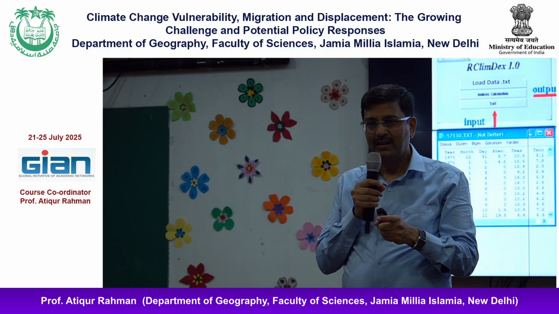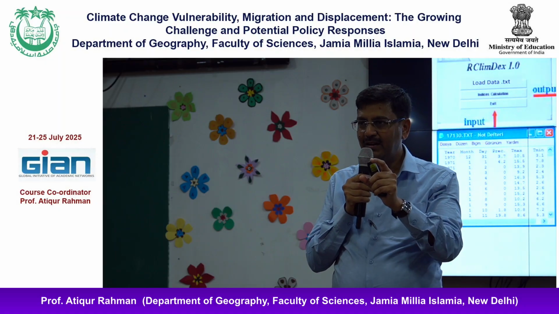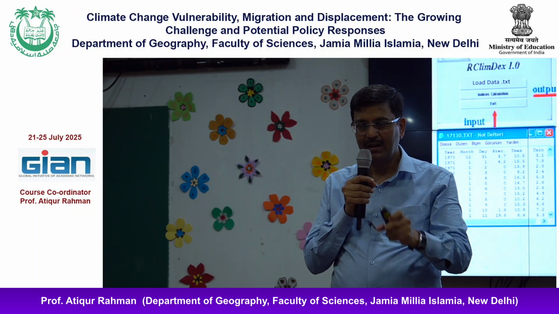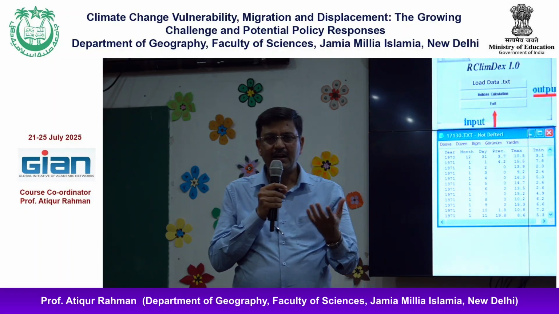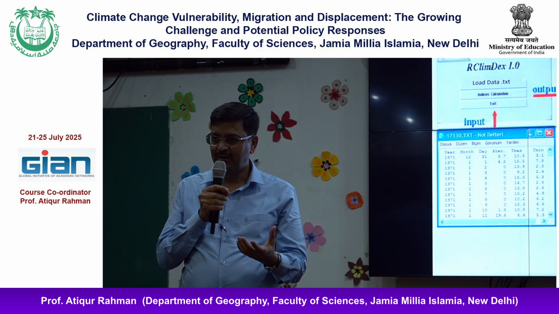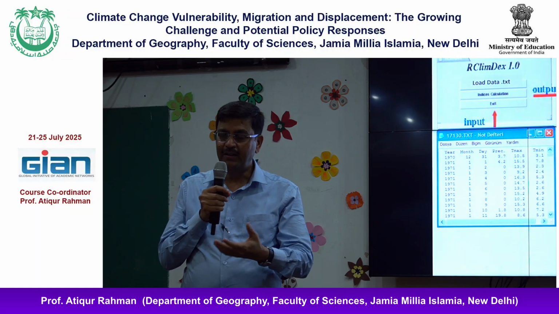Once you get it, you have to create a shapefile of the study area with point data where you are going to link it. Because when you say rainfall, earlier there were hardly any meteorological stations, and even today there are few weather stations. It is difficult to install, difficult to monitor, difficult to maintain.